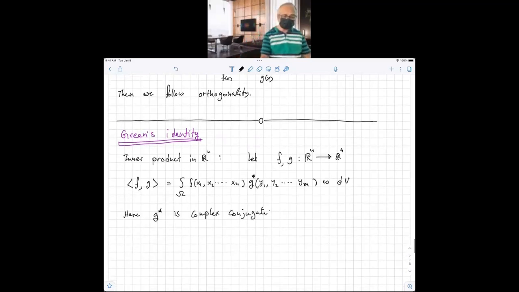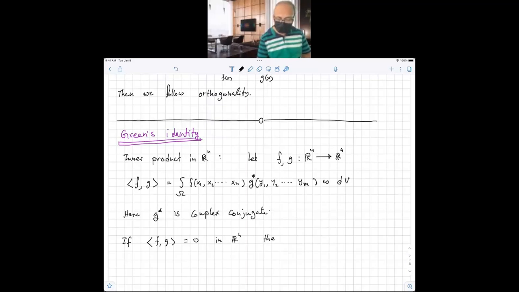And then we can define orthogonality in multidimensional space. If the inner product is 0 in Rn, then f and g are orthogonal.